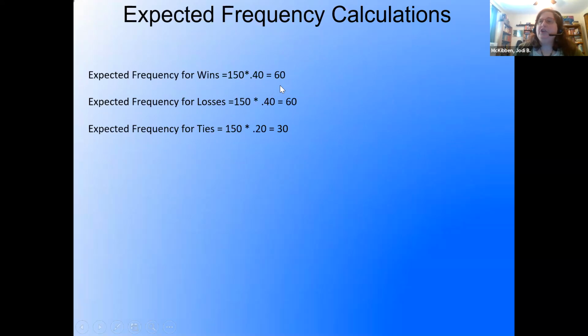We expect 60 wins amongst these 150 games. 150 times, again, 0.40, that's in the null, would also give us 60 losses is what we expect to see. And 150 times 0.20, that's the expected for the ties, would give us 30 games that were tied. So we're expecting 60 wins, 60 losses, 30 ties. Okay.